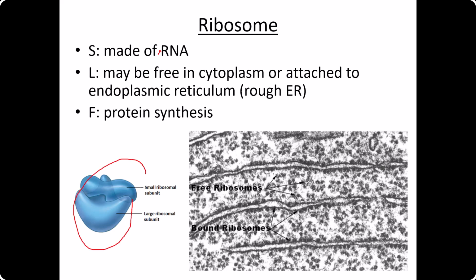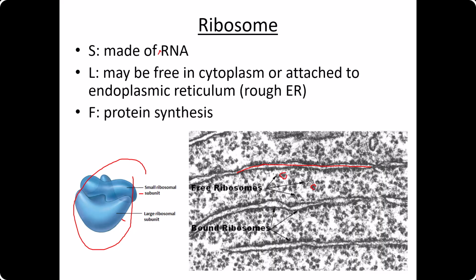So here's the picture of the ribosome. It's made up of a small and large ribosomal subunit. And when we talk about protein synthesis, we'll talk about that a bit more. Then on this image from an electron microscope, you can see these long lines here. That is the endoplasmic reticulum. And all of these little dots are the ribosomes.